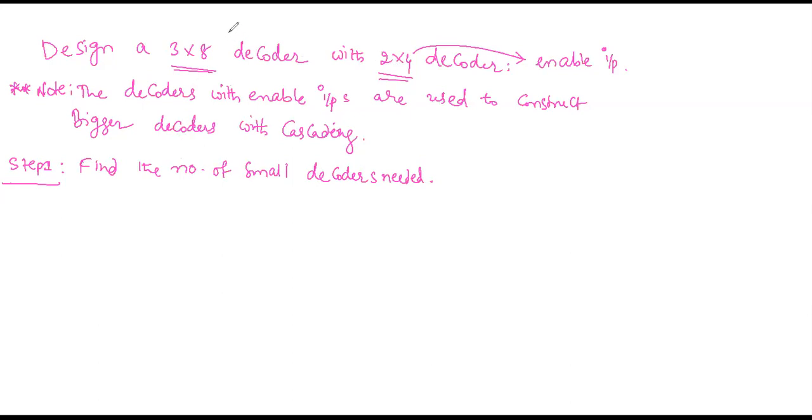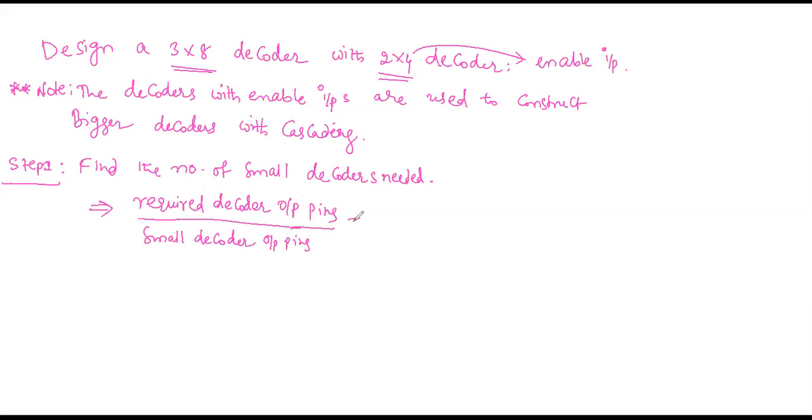For this, the formula you need to use is required decoder output by small decoder output pins.